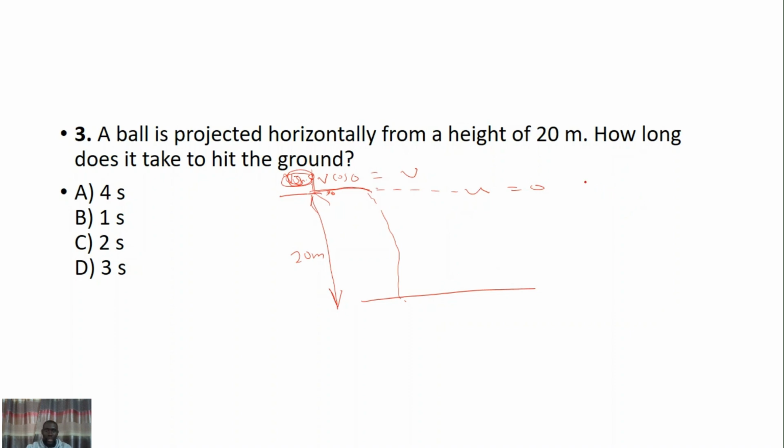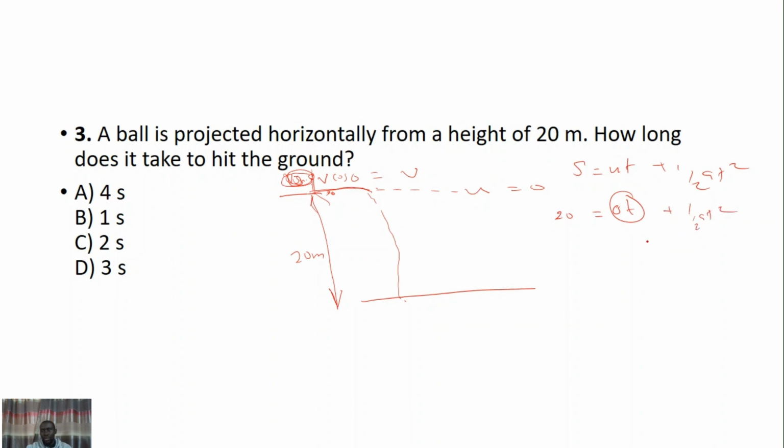We are asked to calculate how long it will take. That's the time. So we must have a formula that includes all these things, and that is s equals ut plus 1 over 2 at squared. The s is the height it will travel, which is 20, equal to u, which is 0, times t, which will be 0 altogether, plus 1 over 2 at squared.